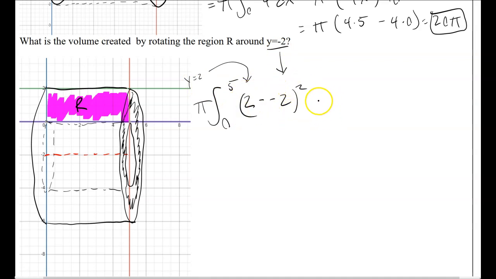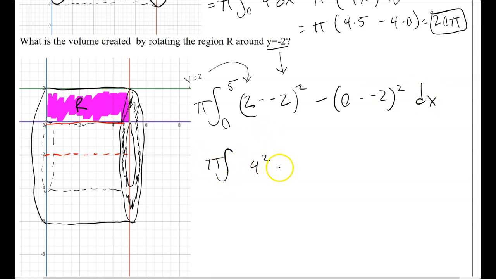But now I have to take away that inner piece, right? So the inner piece, I'm going to say, is from 0. So that's now this line, right? The inner radius minus negative 2 squared dx.